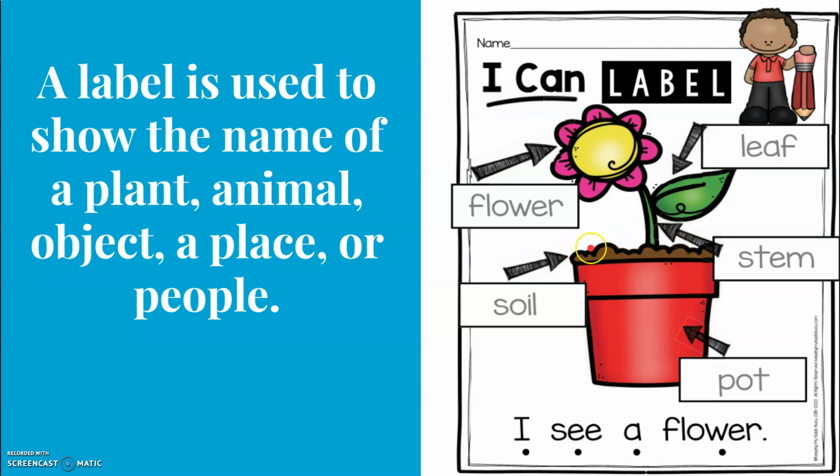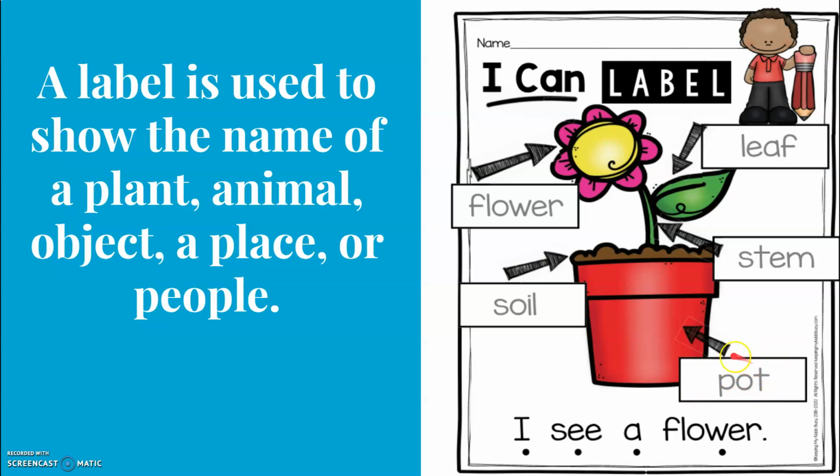What's this? I see soil. Here's the word soil. And this label is pointing to the soil. Soil is like dirt. And let's look at what the flower is in. It's in a pot. Here's the label for pot.